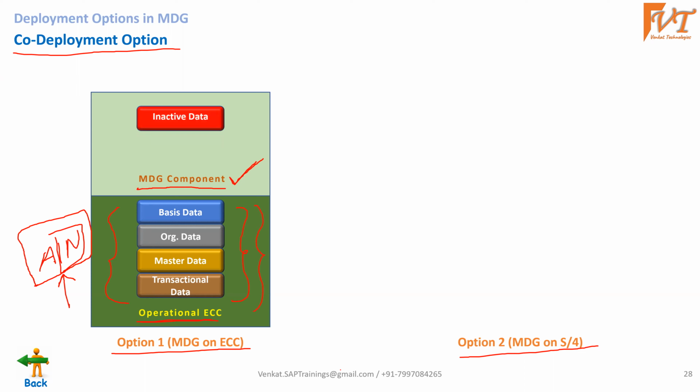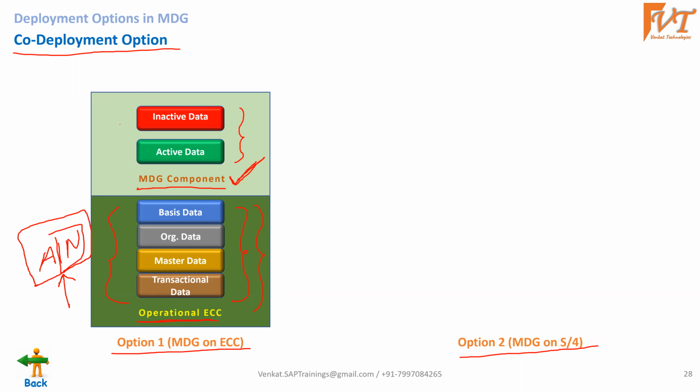Now, as our operational ECC or traditional system has various types of data: basis, organization data, master data, transactional data. As soon as we install the MDG component on our system, we get two types of data: inactive data and active data. I will come to this in some time.